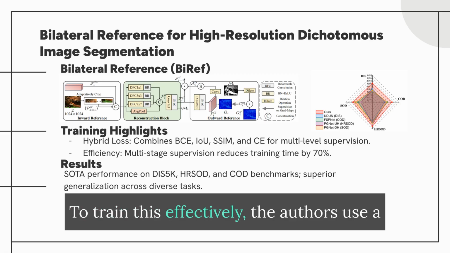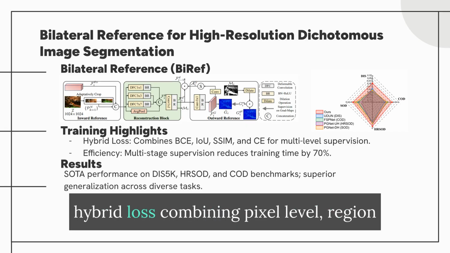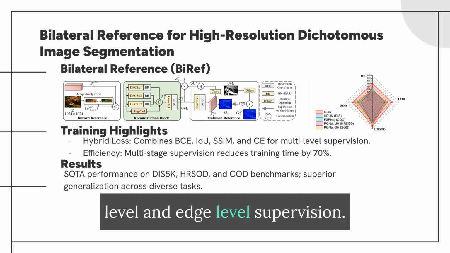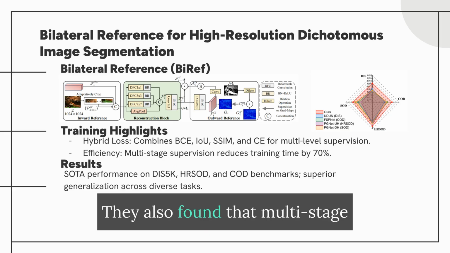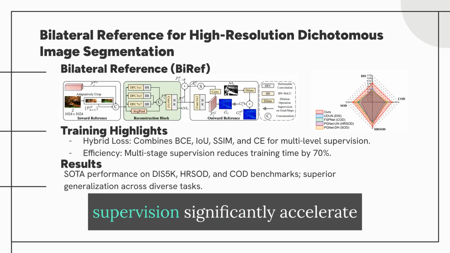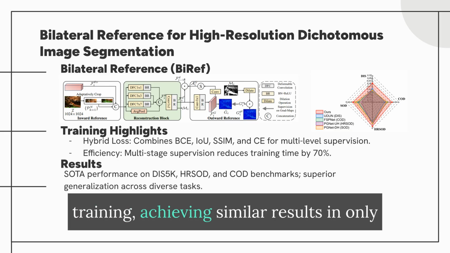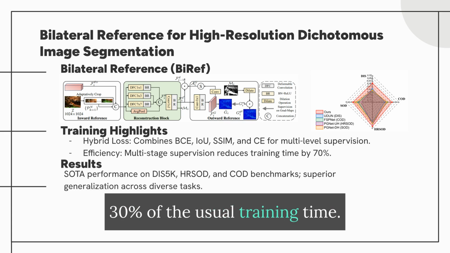To train this effectively, the authors use a hybrid loss, combining pixel-level, region-level, and edge-level supervision. They also found that multi-stage supervision significantly accelerates training, achieving similar results in only 30% of the usual training time.